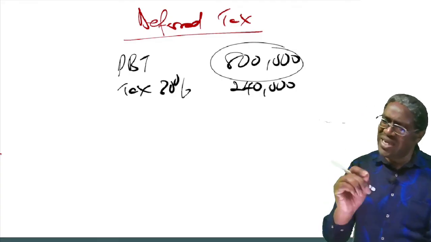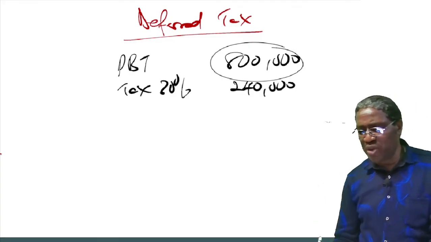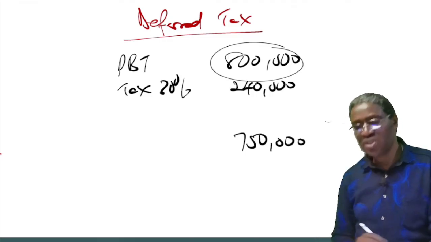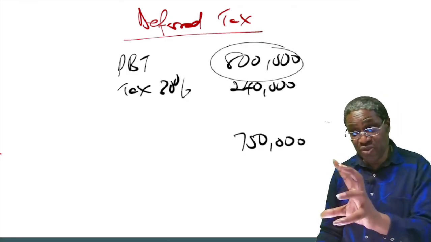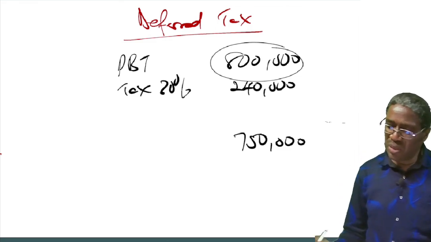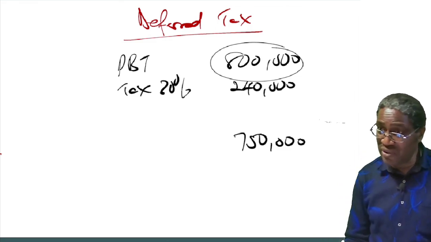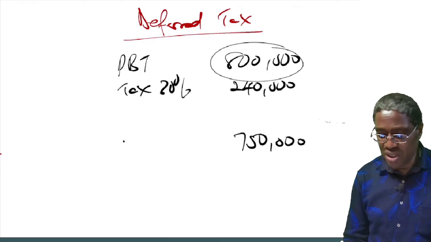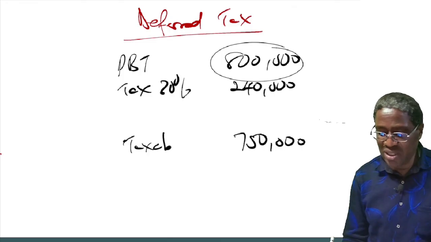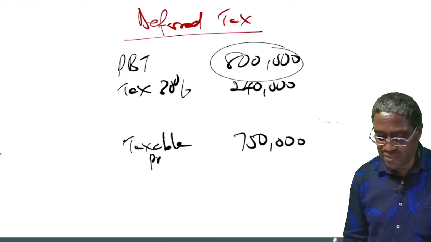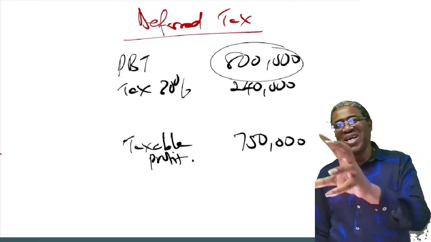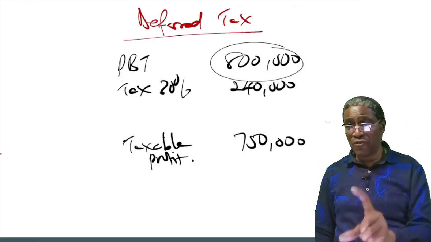He might calculate and tell you you're going to pay tax on 750,000. Let us assume so. He will calculate his profit according to the tax rules and realize you're supposed to pay tax on 750,000. In that case, that is what we shall be calling the taxable profit. So, according to the taxman, he normally calculates what we call the taxable profit.